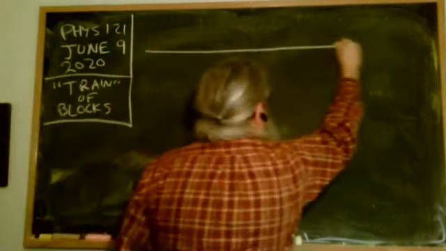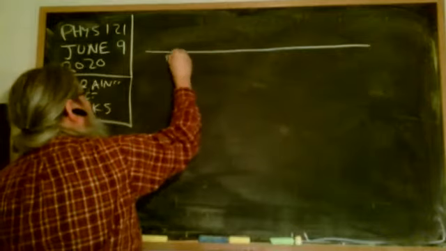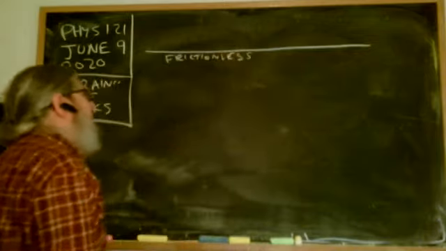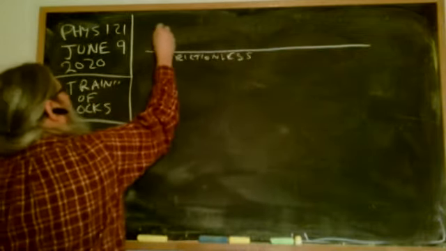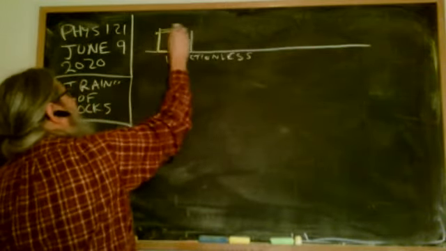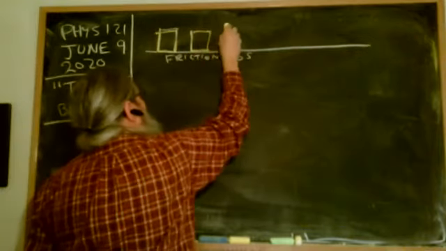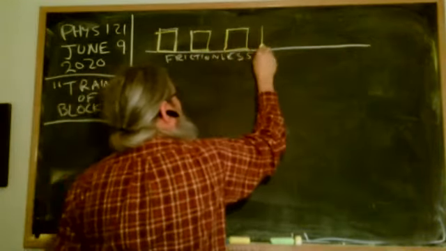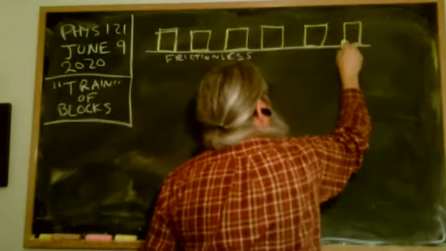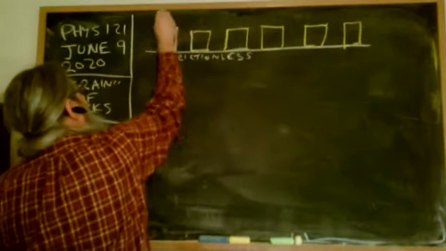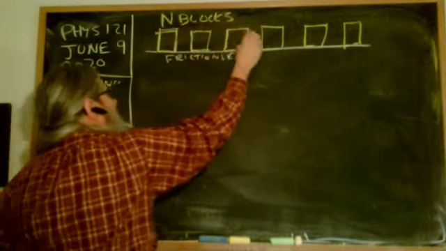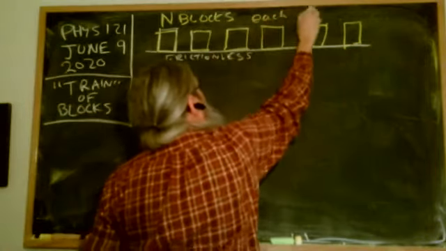I've got a surface up here, so this is frictionless. And on the surface, I'm going to put a bunch of blocks. Every block will be identical, which is to say that each block has its own mass. So I end up with n blocks, each of the same mass.